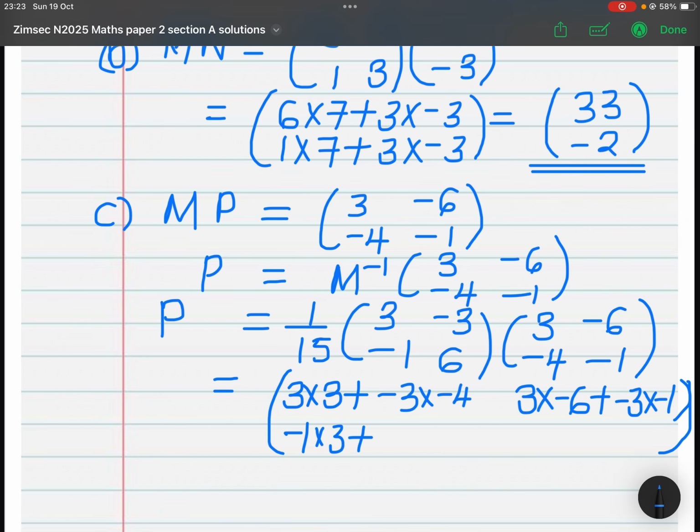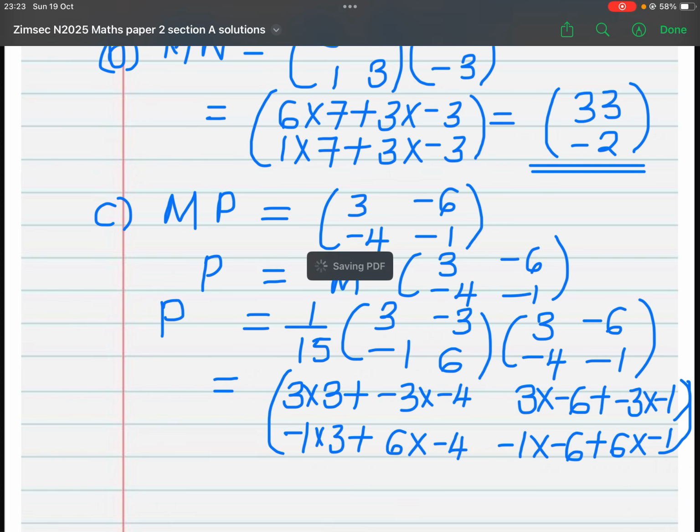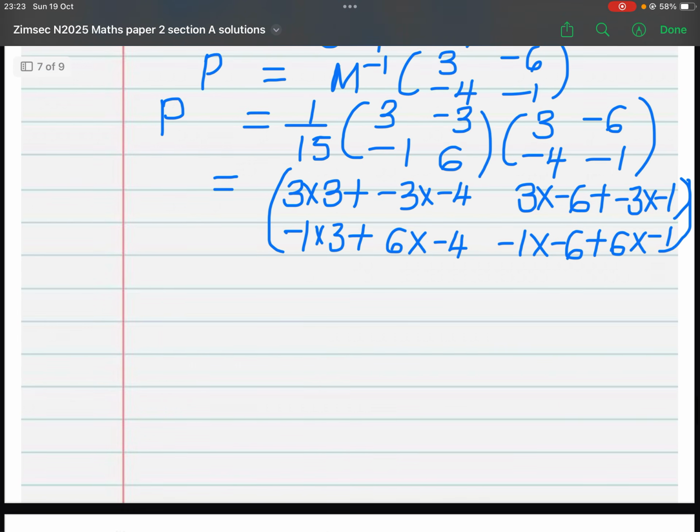And then minus 1 times 3 plus 6 times minus 4. This row times this column, minus 1 times minus 6 plus 6 times minus 1. So we need to simplify. We still have our 1 over 15 outside the brackets. So let us simplify.